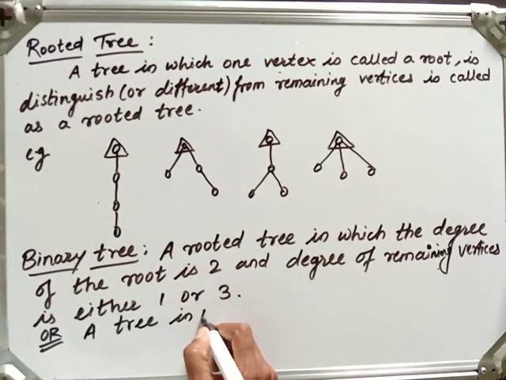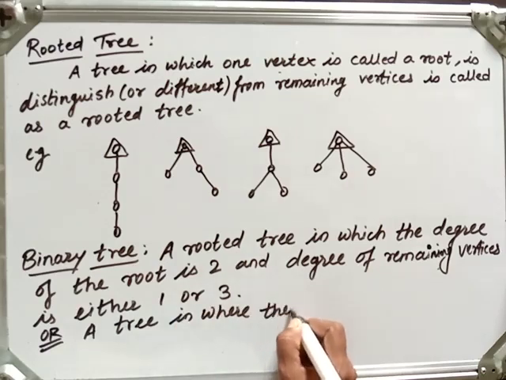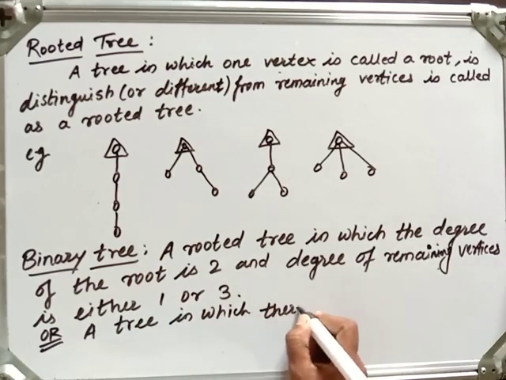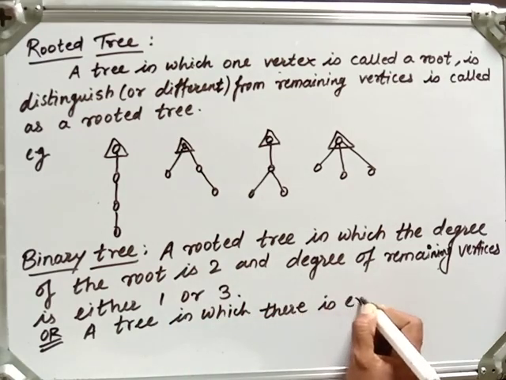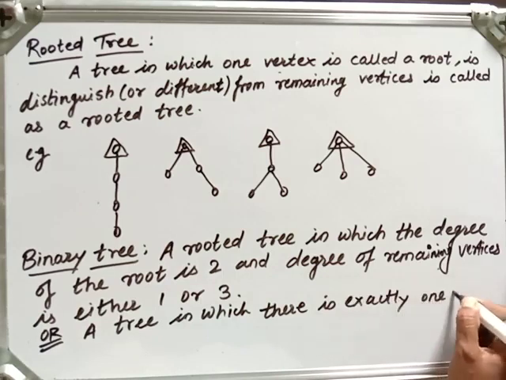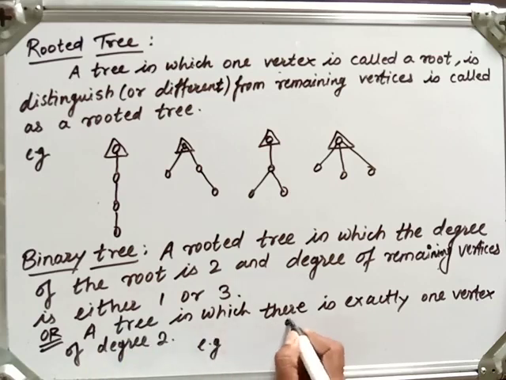Or in another language we can say a tree in which there is exactly one vertex of degree 2. For example, we can give an example here.